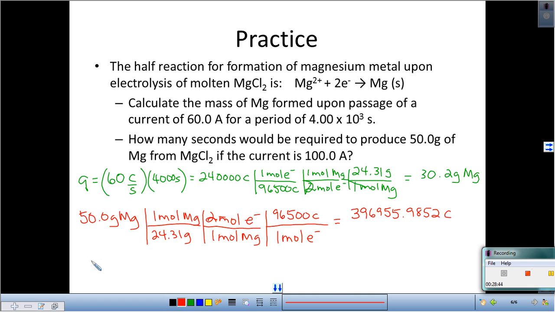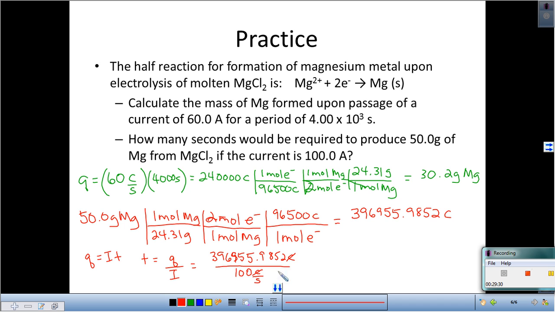Alright, so we're going to go back to Q equals IT, but we're going to rearrange it because we're trying to find time. And if Q is equal to IT, well then if you rearrange it, T is equal to Q over I. So now you just plug things in and make sure your units are the same. So we have 396,955.9852 coulombs over 100 amps, which is coulombs per second.